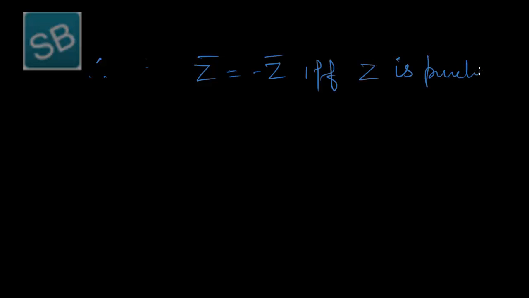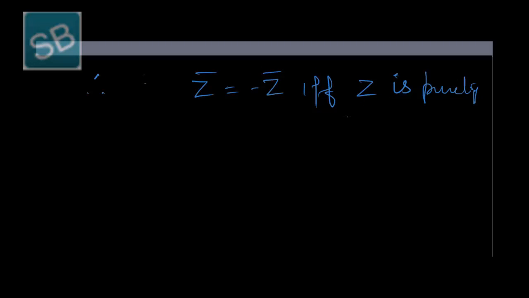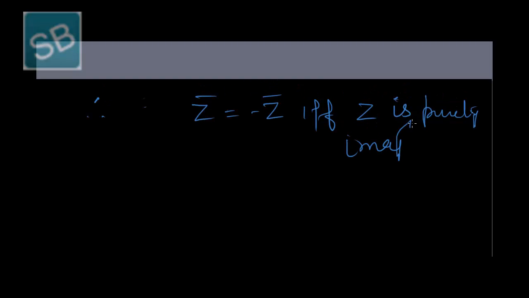Therefore, z bar is equal to minus z if and only if z is purely imaginary.